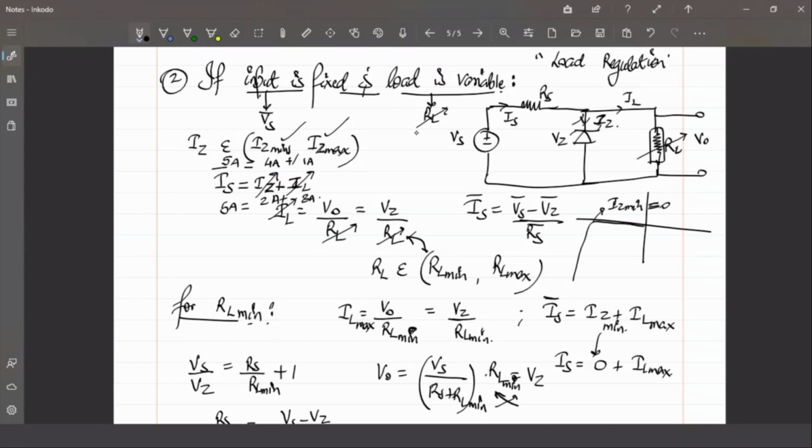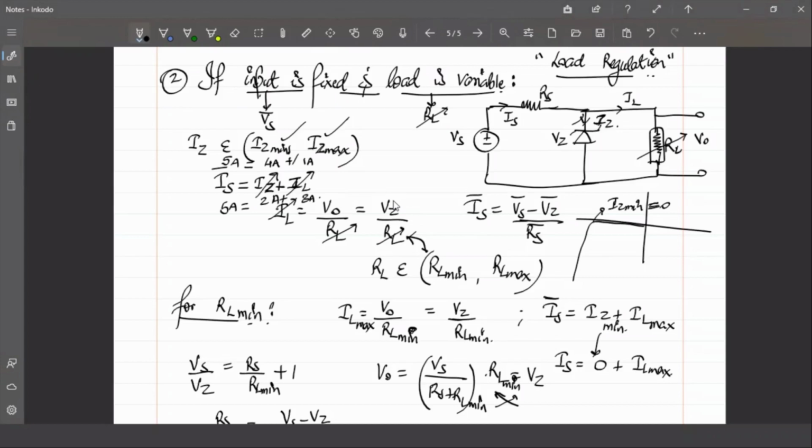Okay? Load regulation. So we have seen in this experiment that we have derived everything from the basic equations. I hope this is clear to everyone: how this device works as a voltage regulator, what the minimum and maximum points are for the Zener diode current and operating points, and what the limits should be for the other circuit elements.